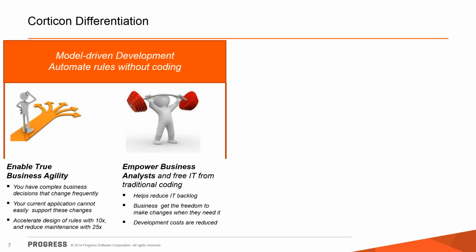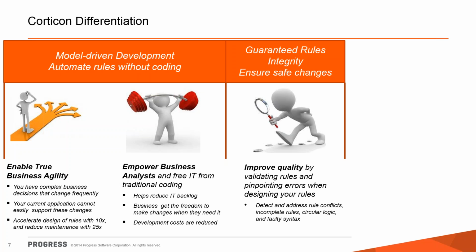That's a procedural way of writing your business logic, where not only do you have to figure out whether the code that you're writing is correct or not, but you also have to write it in the way you want that code to be executed. So you have to figure out the sequence of execution. Corticon provides an alternative to doing that.